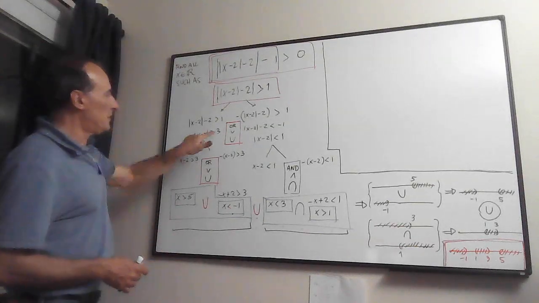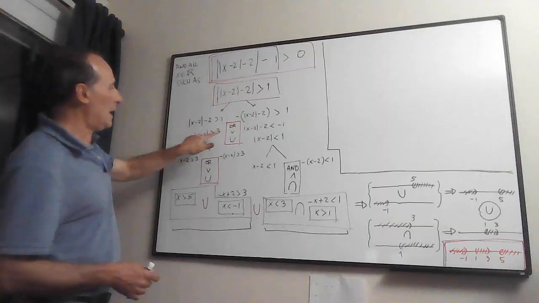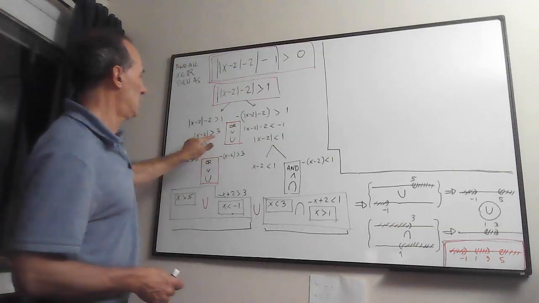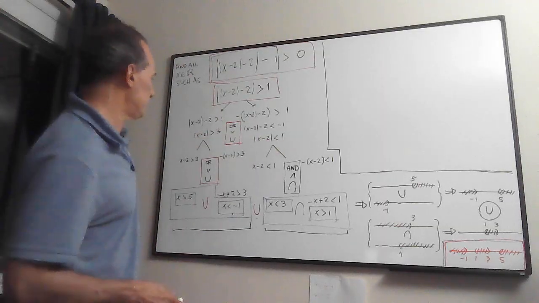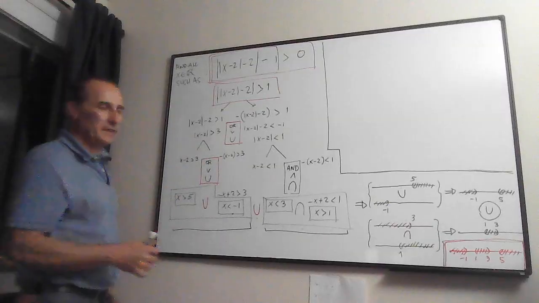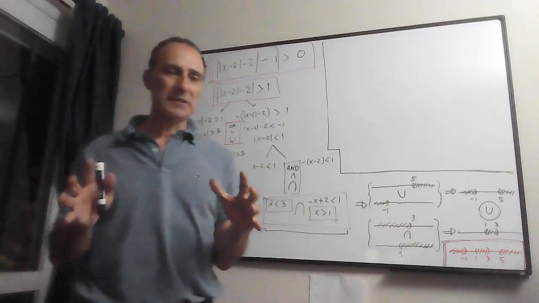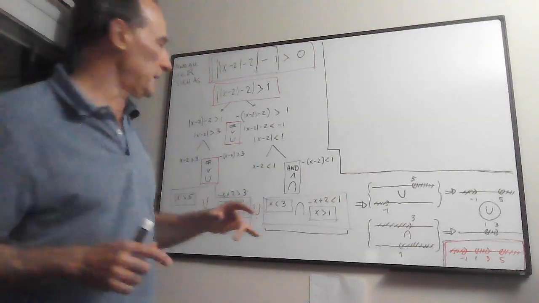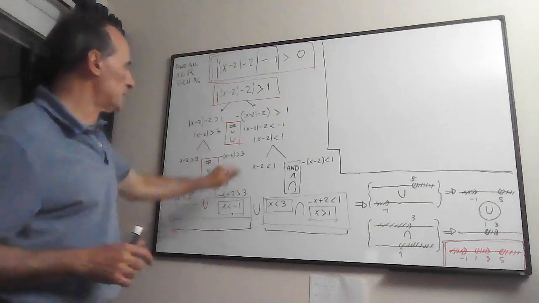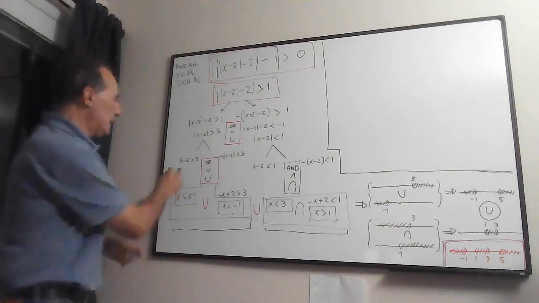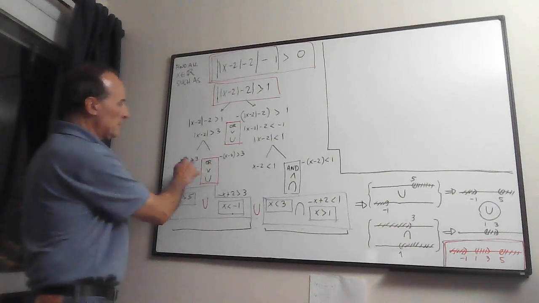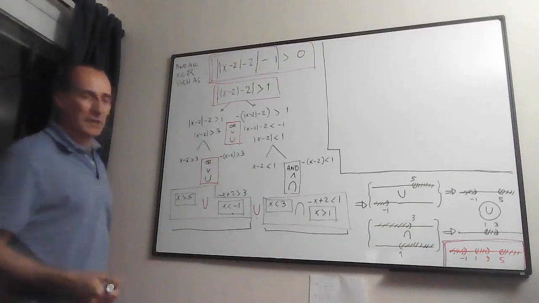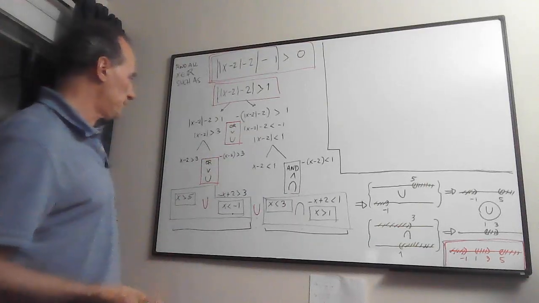Now you have two new inequalities. If you look at the first one, it is again the absolute value of something, in this case x minus 2, greater than 3. So you can split this in two parts, x minus 2 greater than 3 or minus x minus 2 greater than 3.